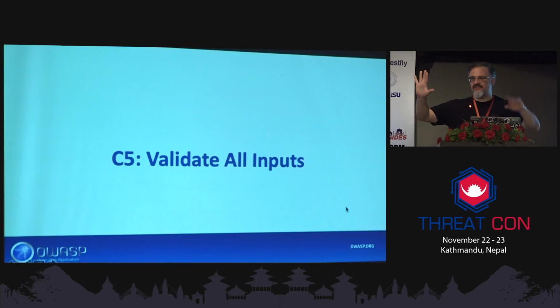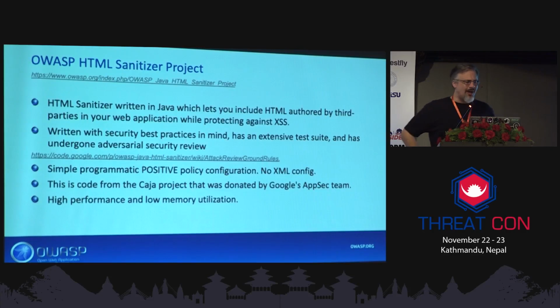All right, level 5. The fifth most important control that you need to master is input validation. That's our next topic of discussion. One of the projects that I like is called the OWASP HTML Sanitizer project. This is a specialized filter, a specialized validation layer.